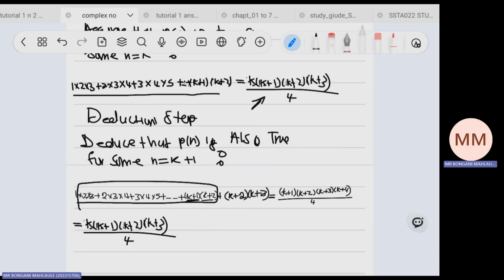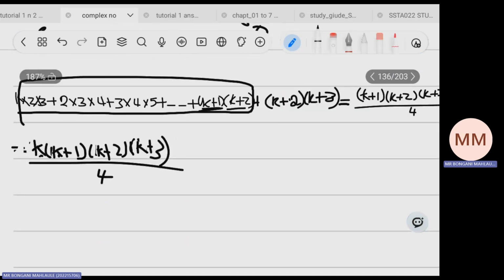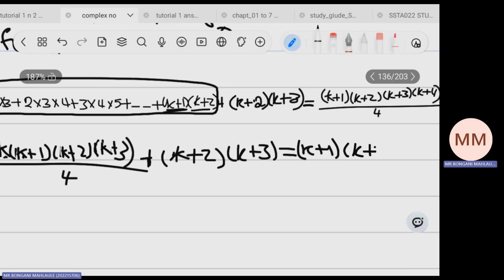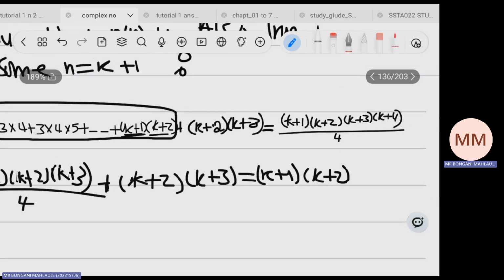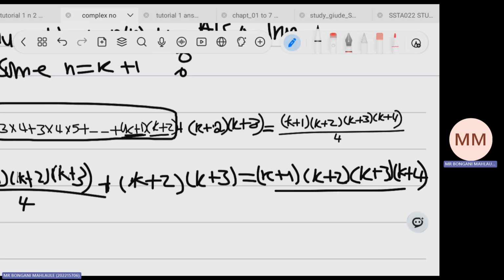We know that from the assumption, this part is equal to this. Then we'll say plus k plus 2, k plus 3, all over 4.